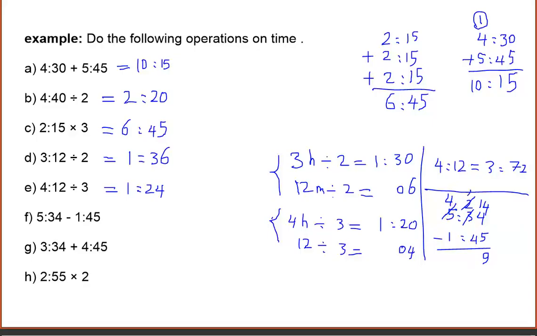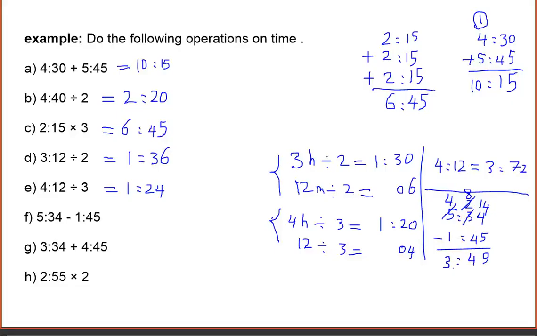Pay attention here. It's important we understand that every hour is 60 minutes, so if you take 1 from the hour digit value, 6 will be added to the tens of minutes. Okay, so now 4 out of 8 will be 4.